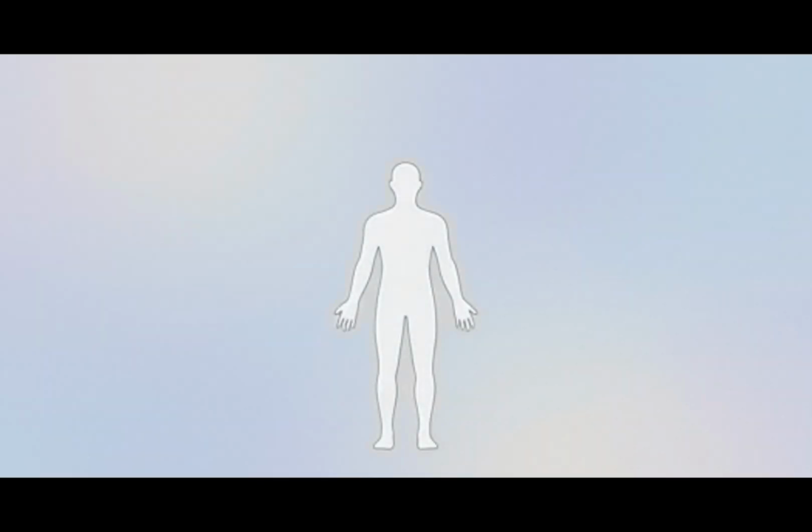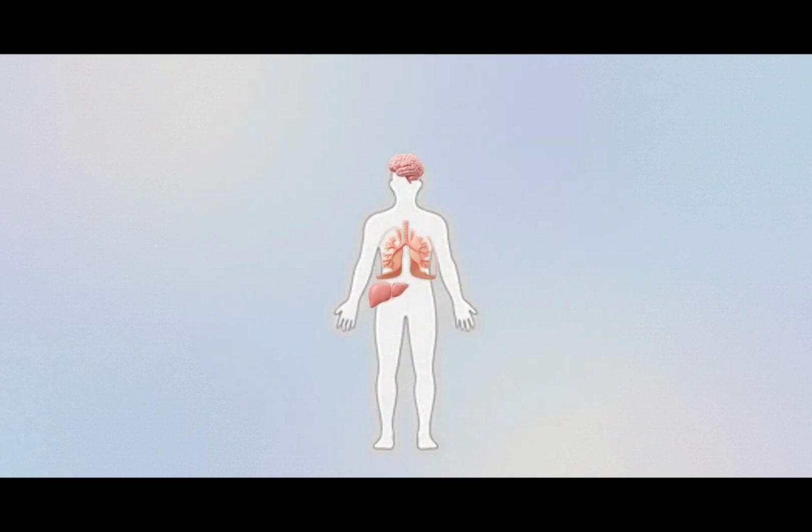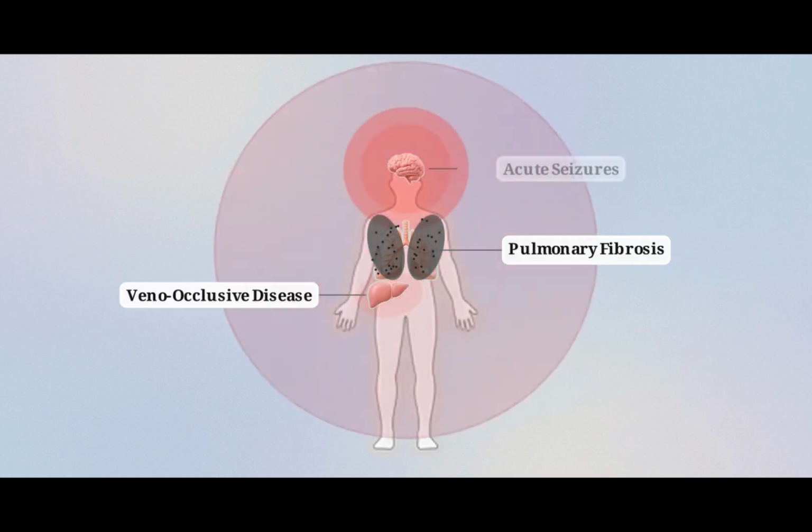A chemical agent powerful enough to systematically eradicate the body's bone marrow causes collateral damage to surrounding organ systems. Clinicians must manage 3 major toxicities targeting specific organs. In the lungs, patients risk severe pulmonary fibrosis, or Busulfan lung. In the liver, the drug frequently causes veno-occlusive disease. Finally, high serum concentrations reliably induce acute seizure activity in the brain.